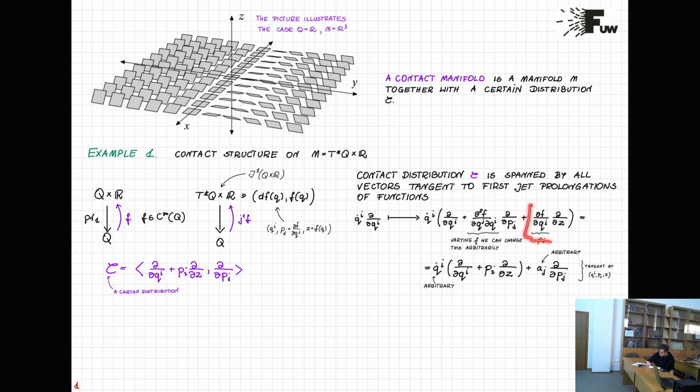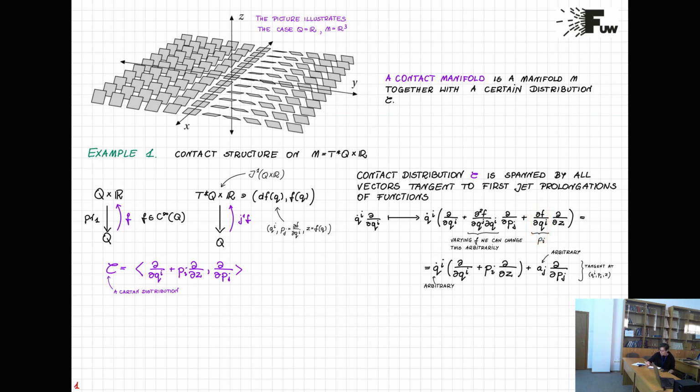Then we can look at the last component, which shows what happens when we change a little bit around the point, how the function changes around a fixed point.